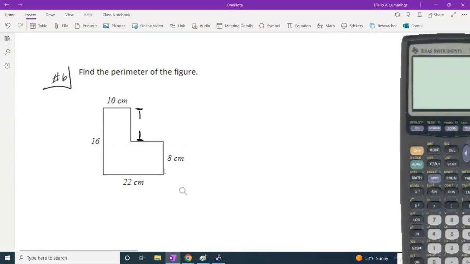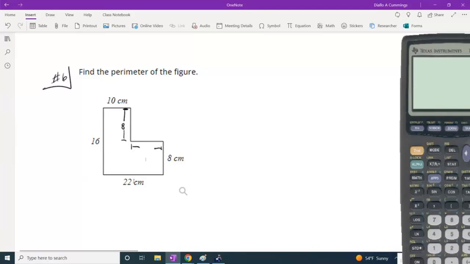So that means that if this is 8 centimeters, then this length, I'll put it inside here, would also have to be 8 centimeters, right? Because 8 plus 8 would give me 16, right, which would be the overall length. I'm going to do the same thing to find this piece or this missing length.